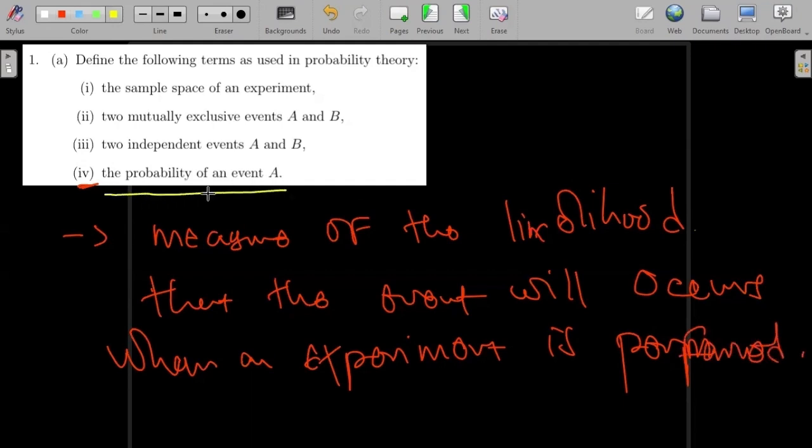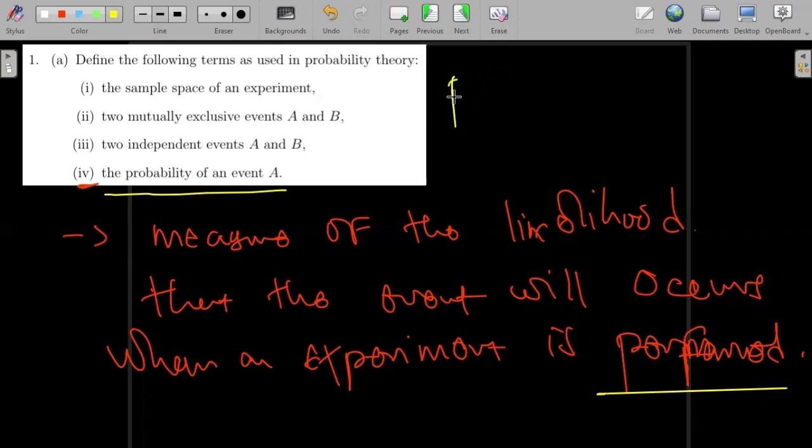We're going to say it's simply a measure of the likelihood that the event will occur when an experiment is performed. So in other terms, you can simply say that the probability of an event A is the number of ways the event can occur, and then you divide by the total number of possible outcomes.